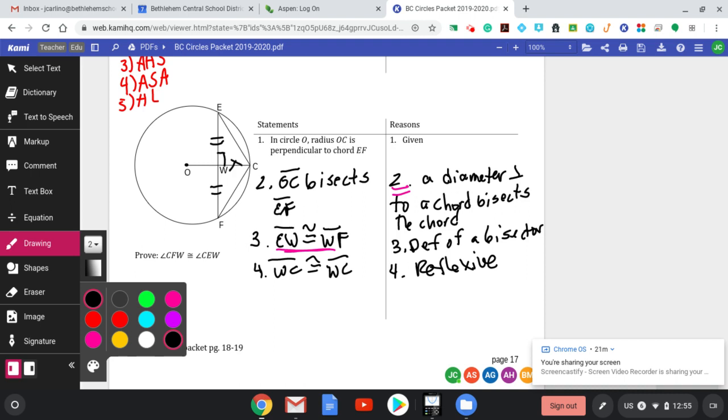And now the only thing we need to talk about is the old right angle that's in there. All right, remember the steps back in the day? We had to first say it was a right angle. So angle CWE and angle CWF are right angles. Perpendicular lines form right angles.